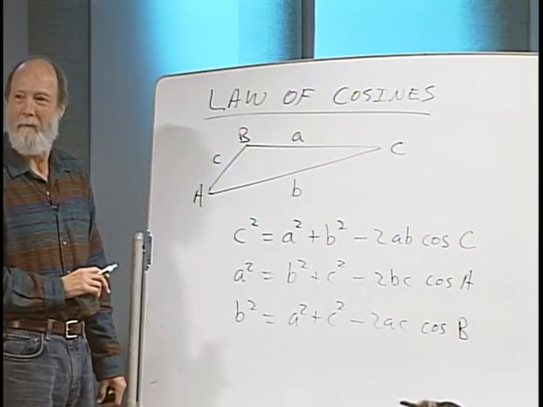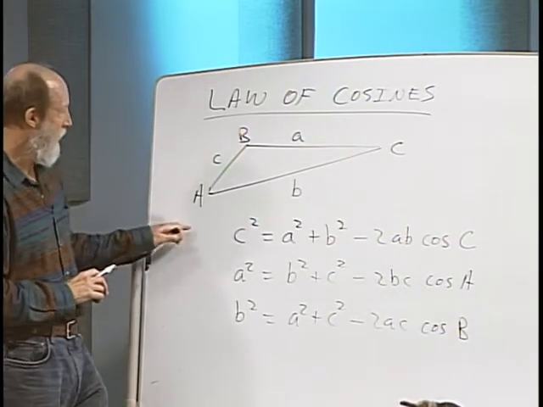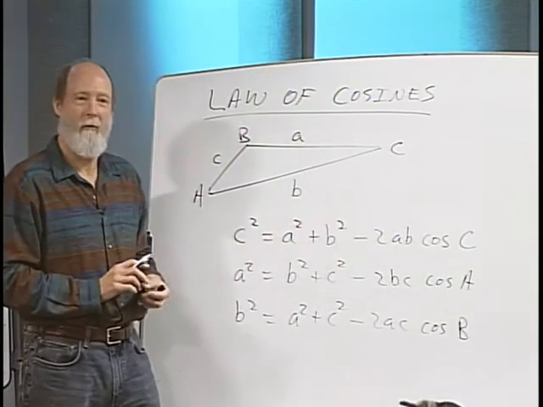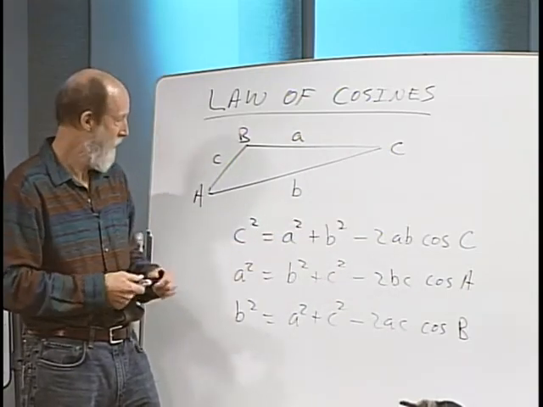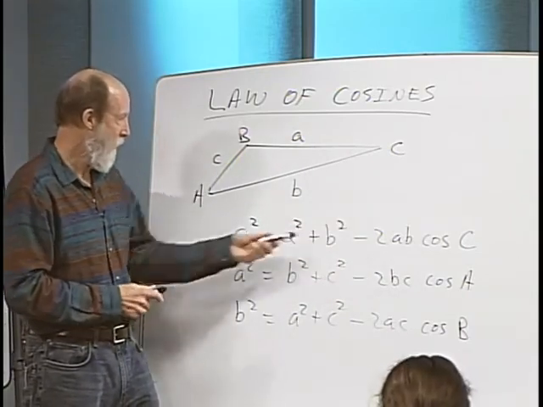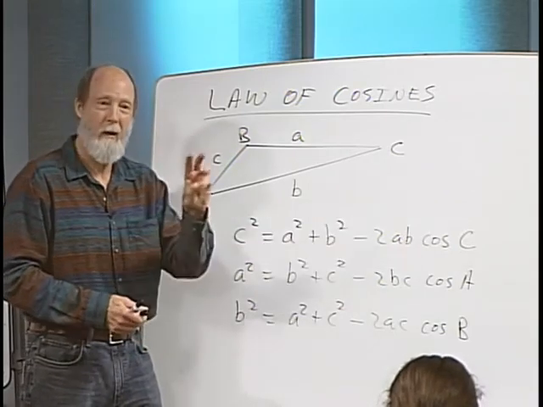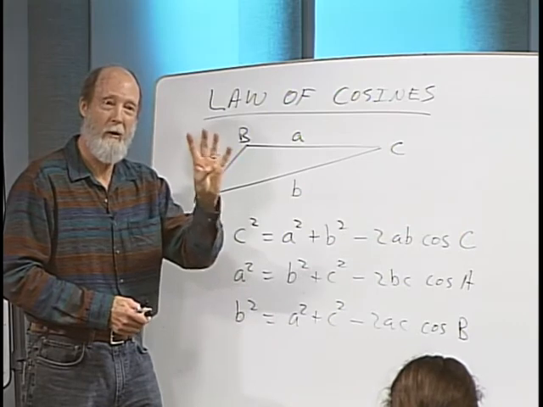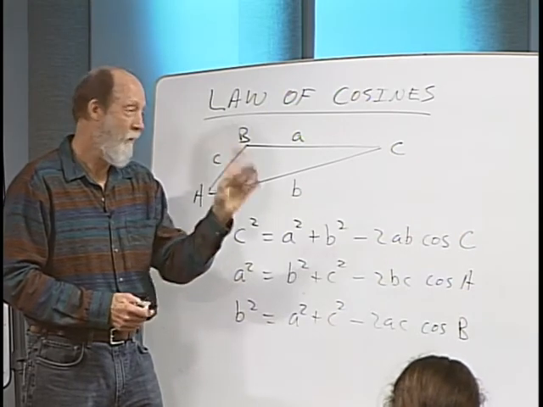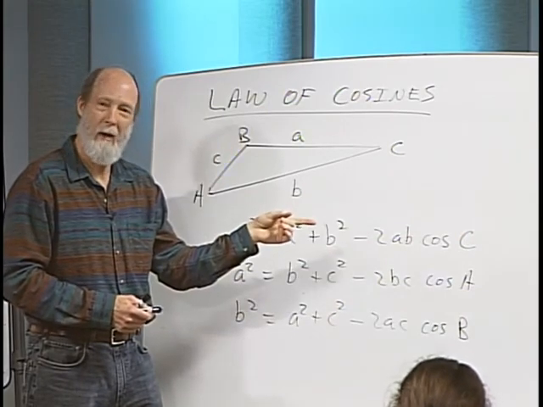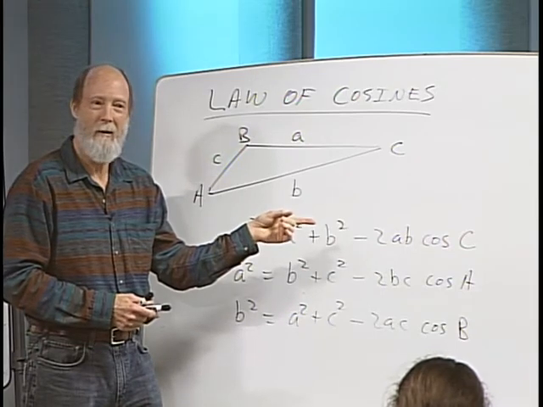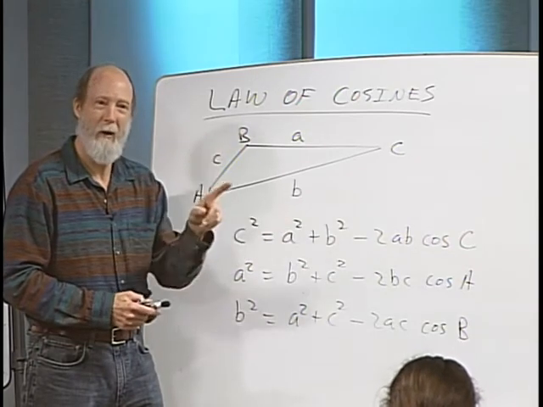Okay? So, how many items are in each of these equations? All three sides and one angle, right? 4 goodies. You can use this equation if you know 3 out of the 4, right?